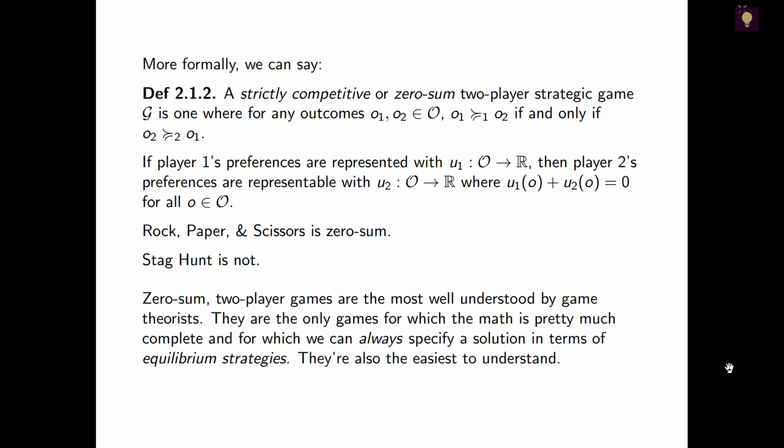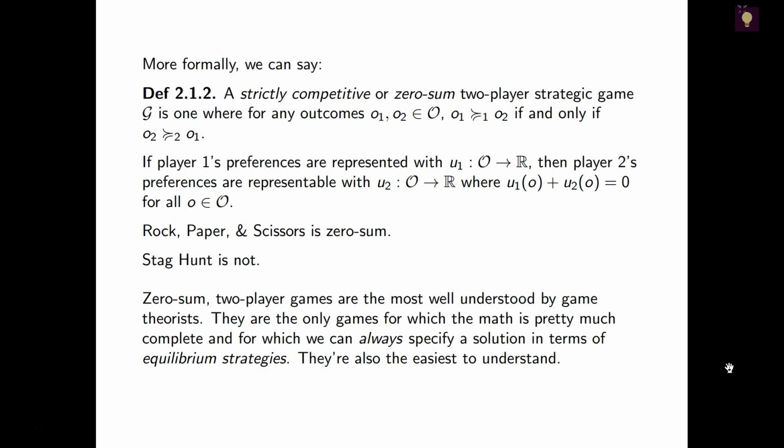More formally, looking now at zero-sum games, we can say that a strictly competitive or zero-sum two-player strategic game, G, is one where for any outcomes O1 and O2 in the set of outcomes, O1 is at least as preferred as O2 for player 1 if and only if O2 is at least as preferred to O1 by player 2.